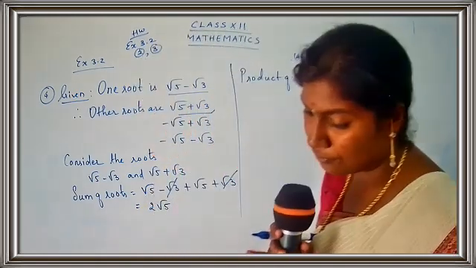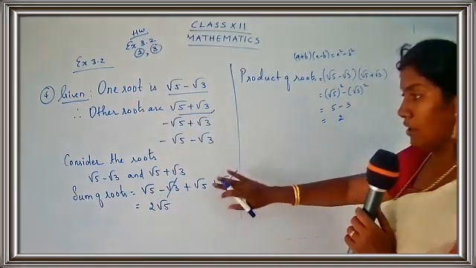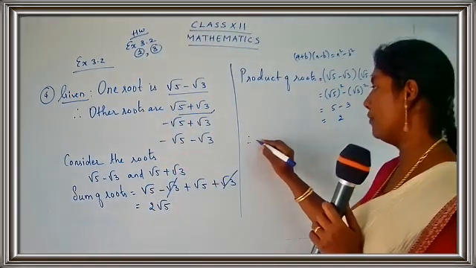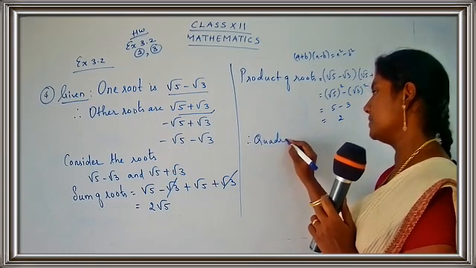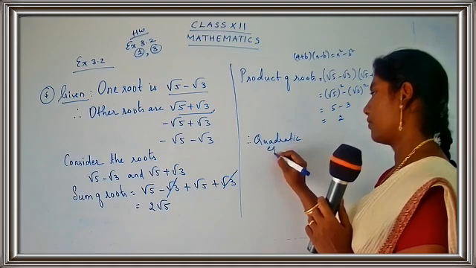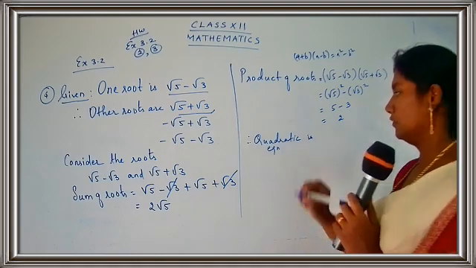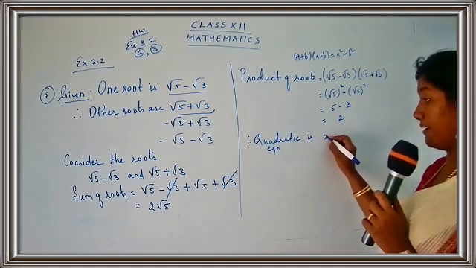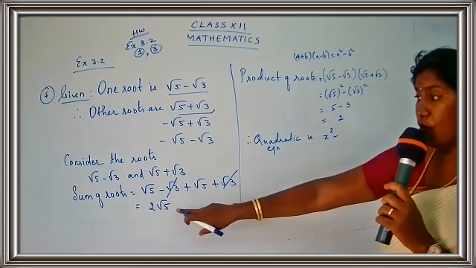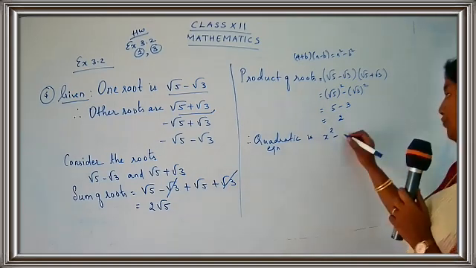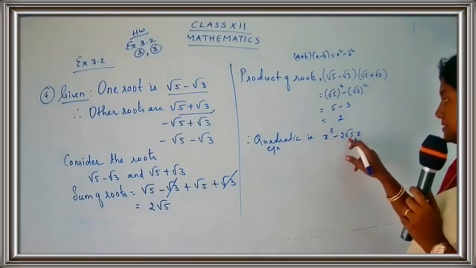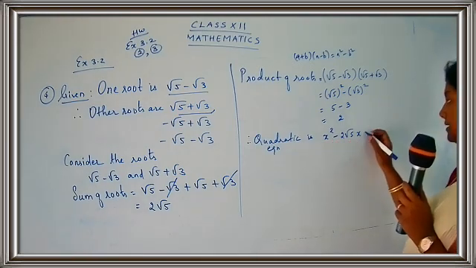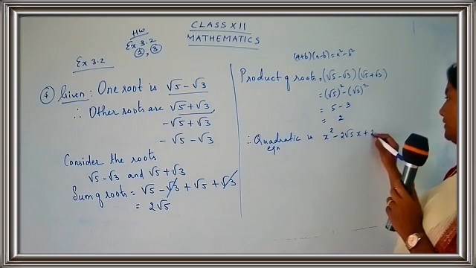Okay, so now you are going to form a quadratic equation. The quadratic equation is x square minus sum of roots x plus product of roots equal to 0.